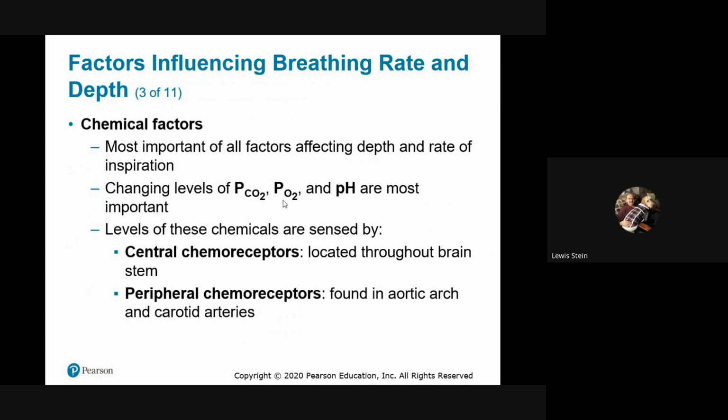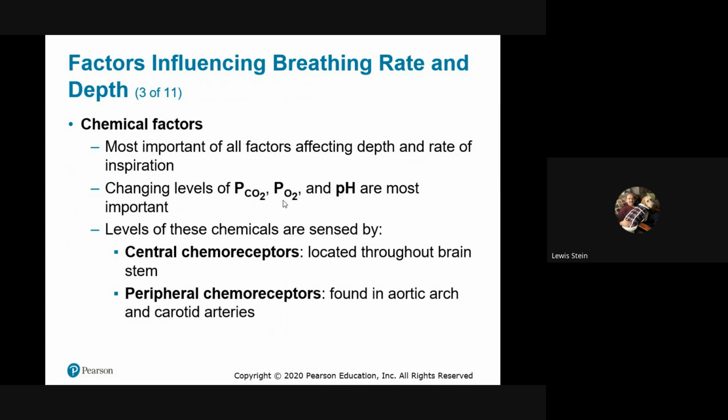So in its absence, all of that CO2 is going to form carbonic acid and increase the acidity, or in this case lower the pH, and that is going to have a tremendously strong effect. You can look at it as high PCO2 or low pH, increased hydrogen ion concentration. What's the eventual impact? They're going to induce your brain to breathe.